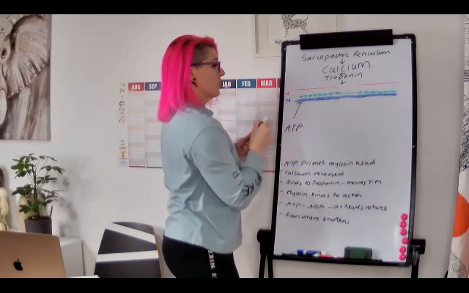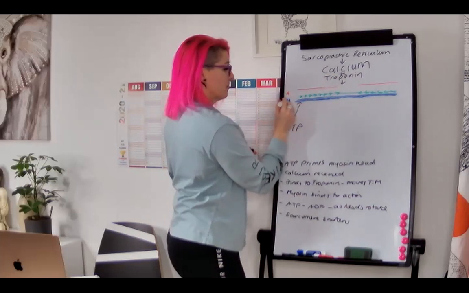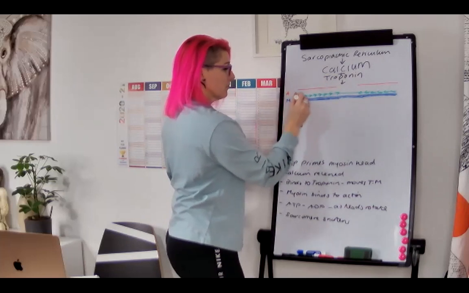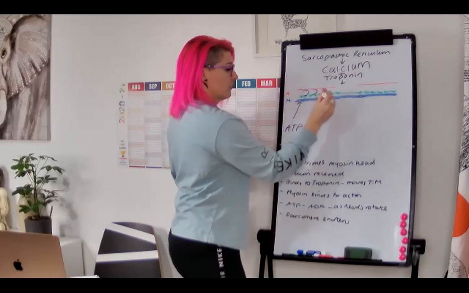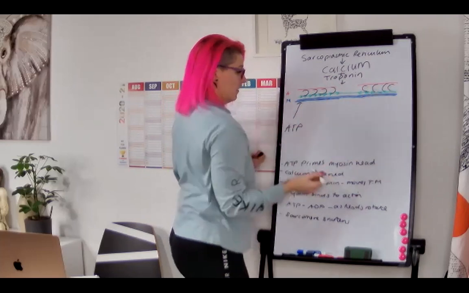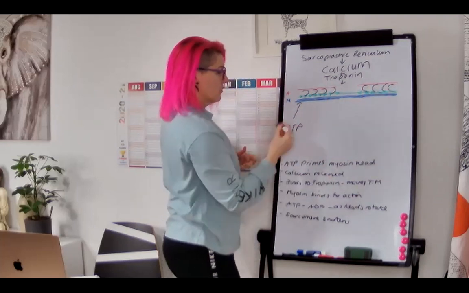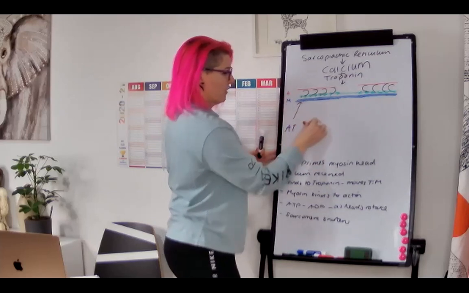Okay, so then what it allows to happen is the myosin can then bind and grab hold of the actin. Okay, and to make that contraction happen, we lose that phosphate off of here.